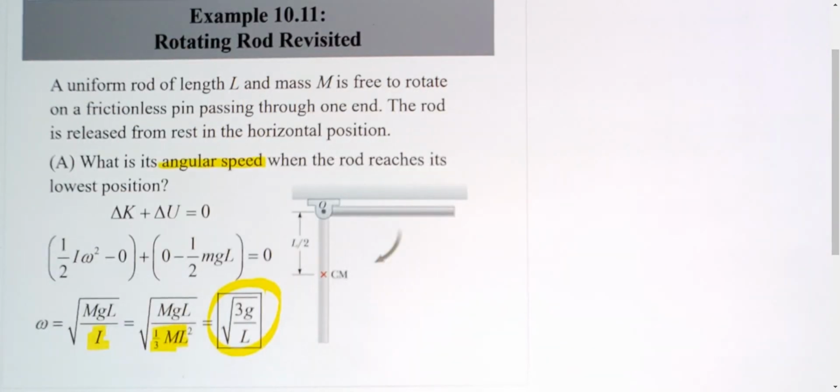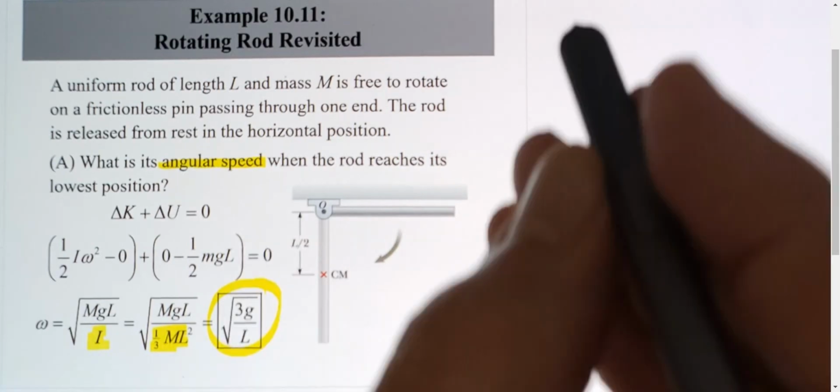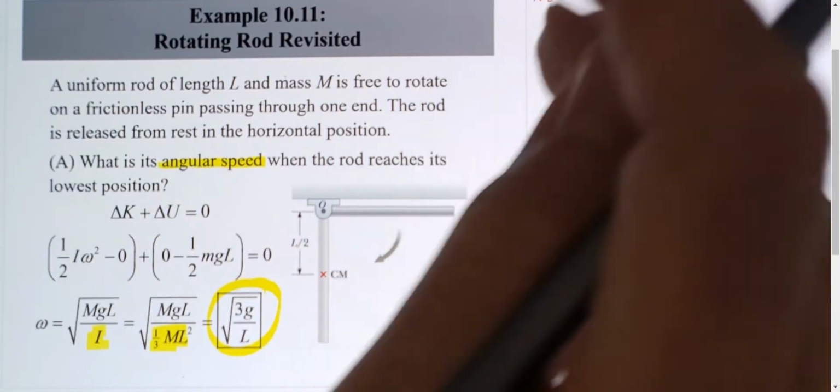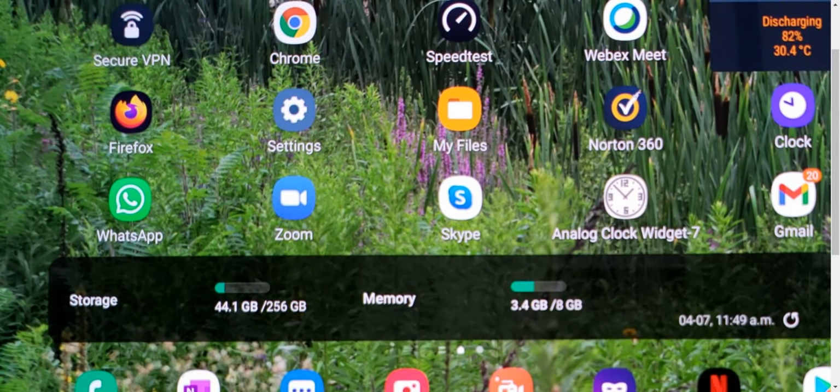So in order to hopefully make it clearer, let's assume that the mass of the object is equal to 2 kilograms.